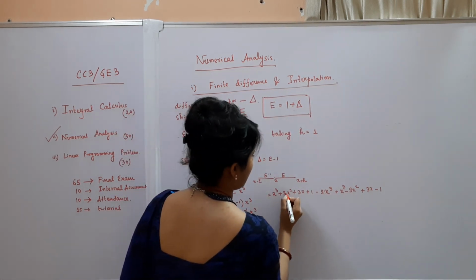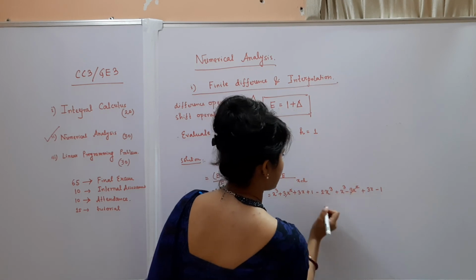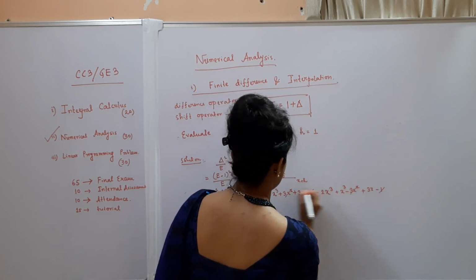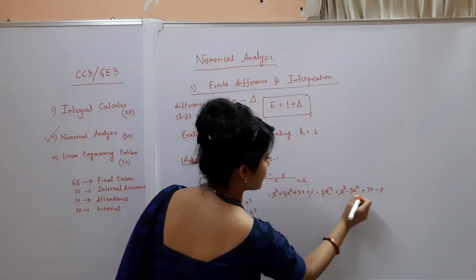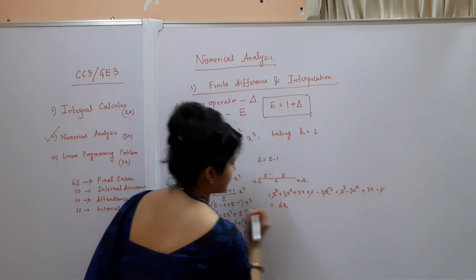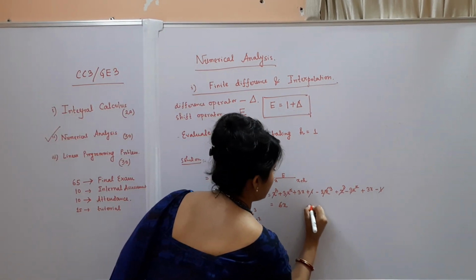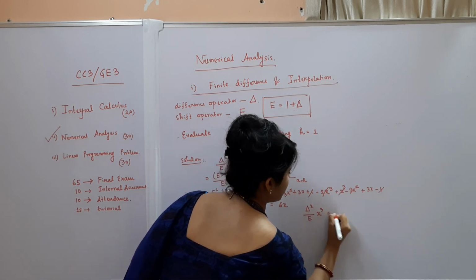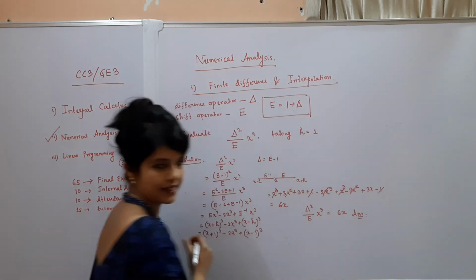Okay, now 3x square has been cancelled out, 1 has been cancelled out, and x cube minus 2x cube plus x cube has been cancelled out. Then we are left with this term only. Okay, so if we evaluate this, therefore delta square E x cube will be 6x. Okay, so this is the answer.